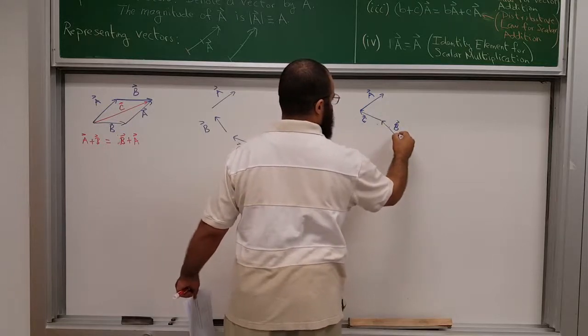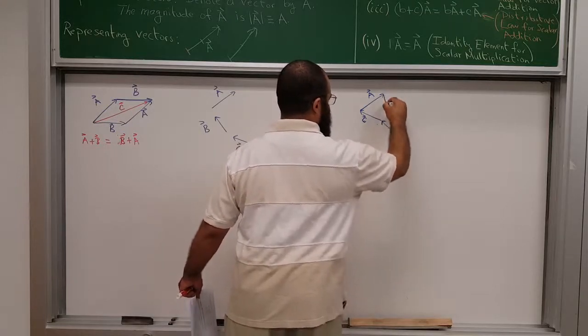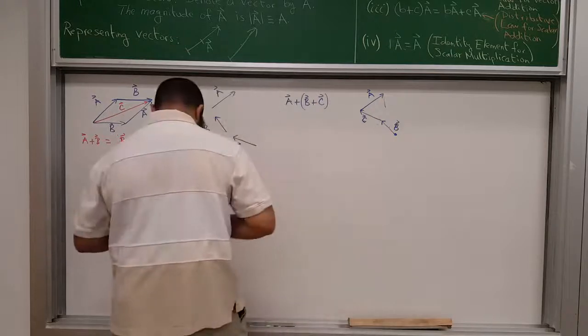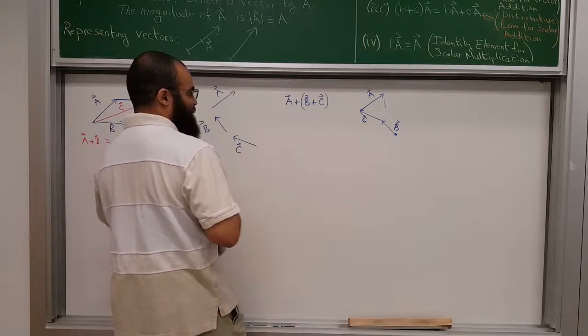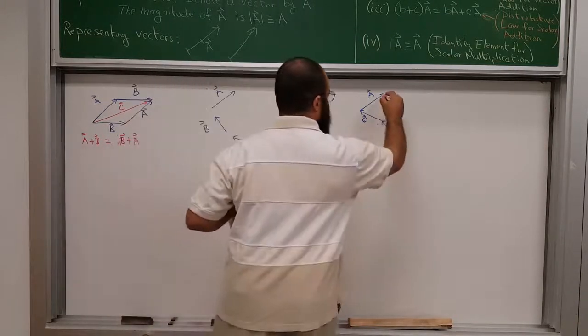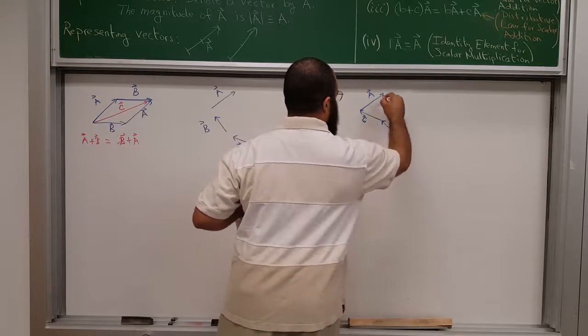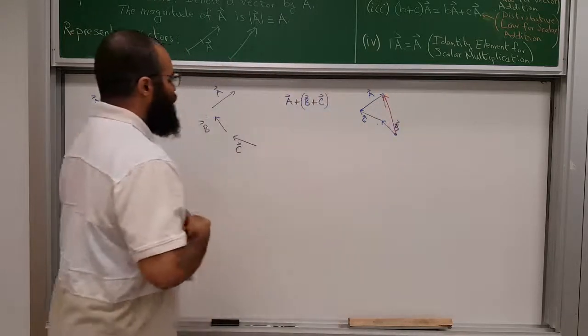What's the end result? I have a vector that points in this direction, which I will draw in red.